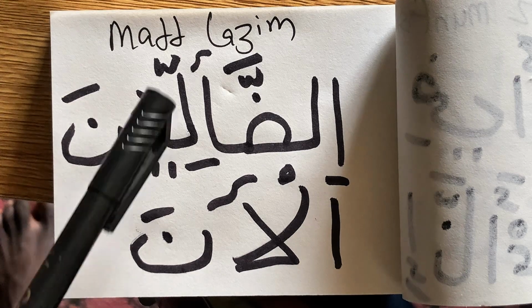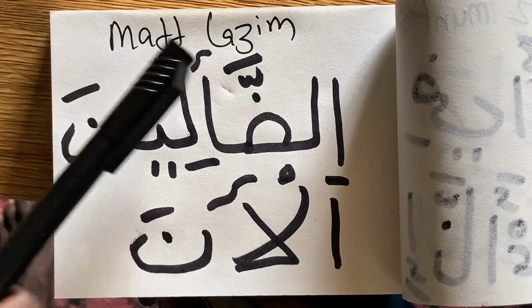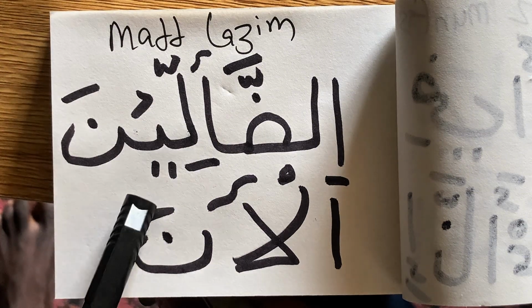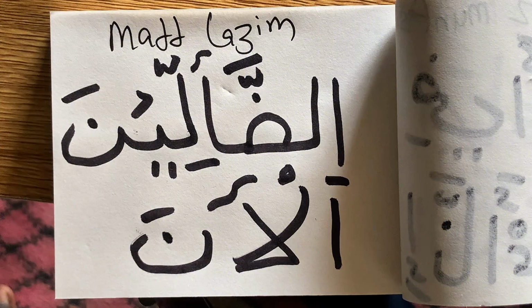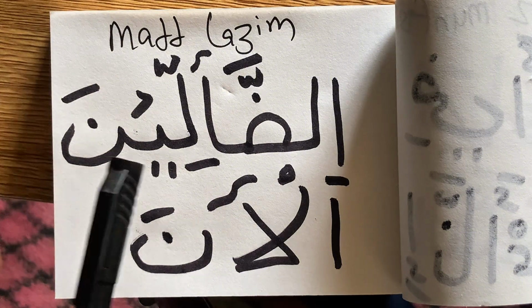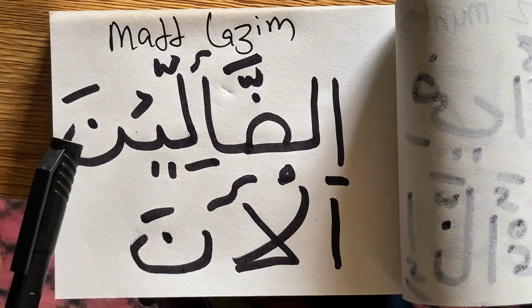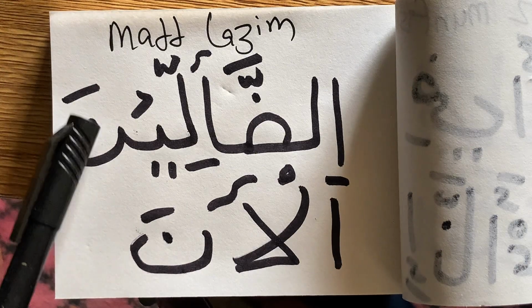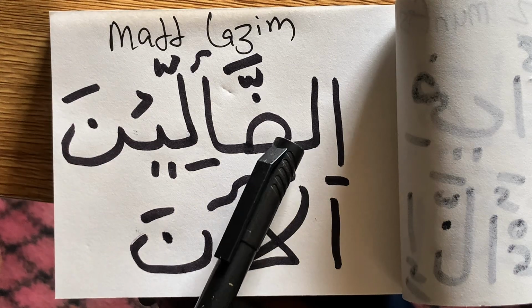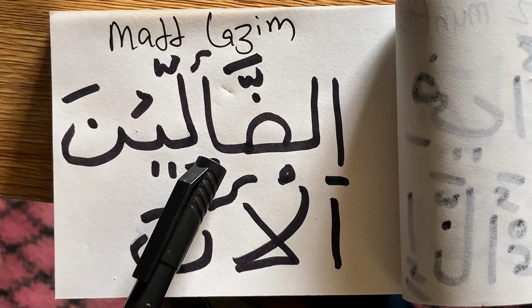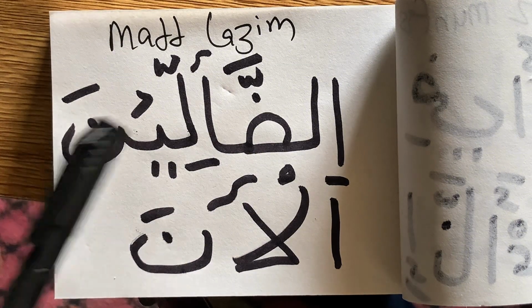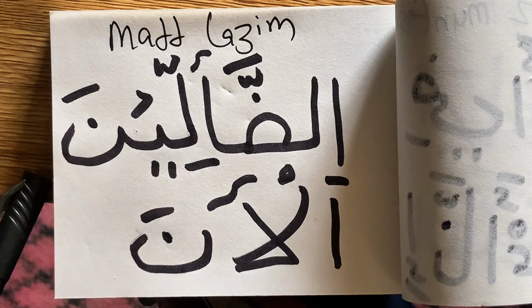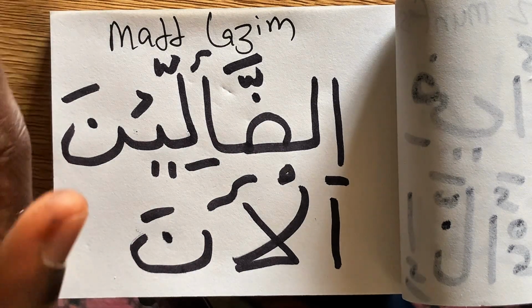Now, yeah, this one is maddi lazim. This is the strong madda or maddi wajib. This madda, you can stretch it 6 times. Here are the examples. Dallin. You can see the madda here. See my hands counts.